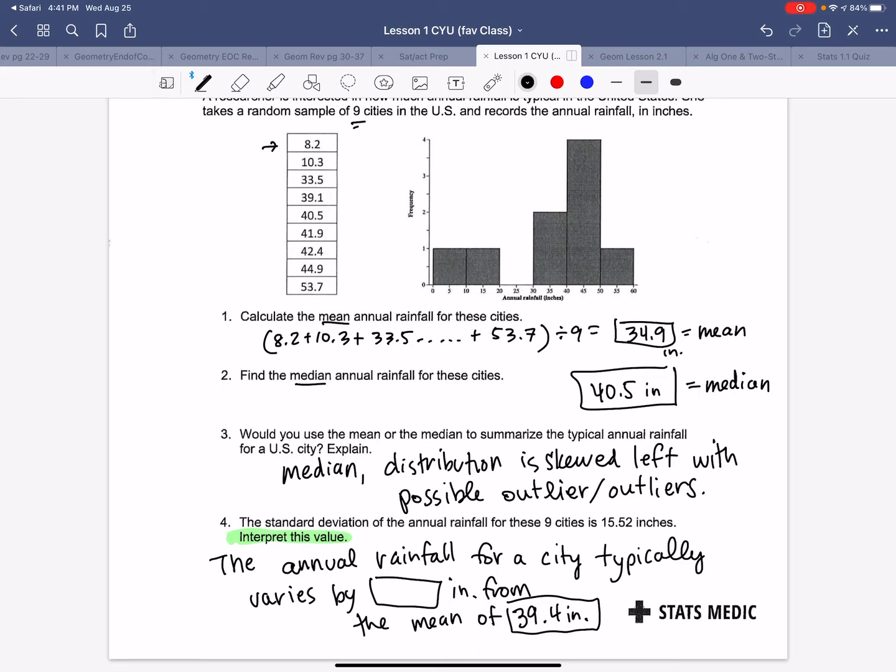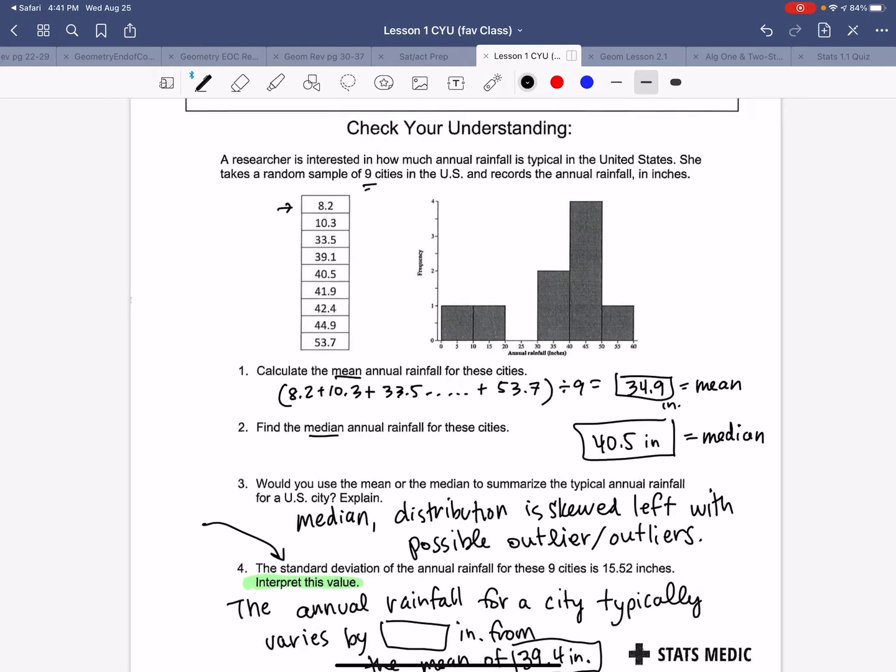So now let's figure out our standard deviation. I asked you one more time to calculate it by hand because I think it would be nice one more time.